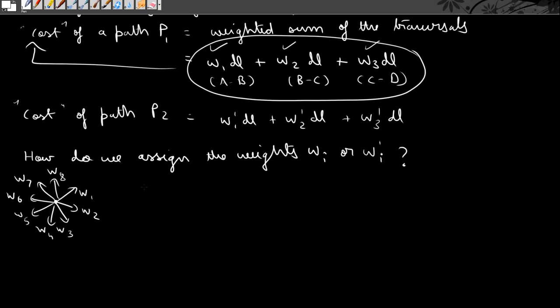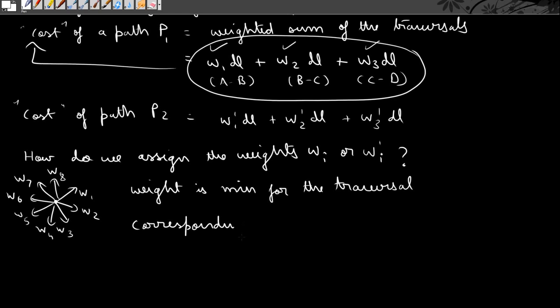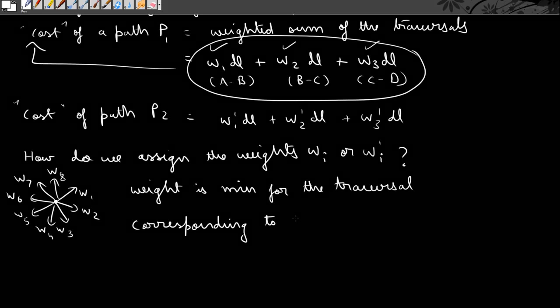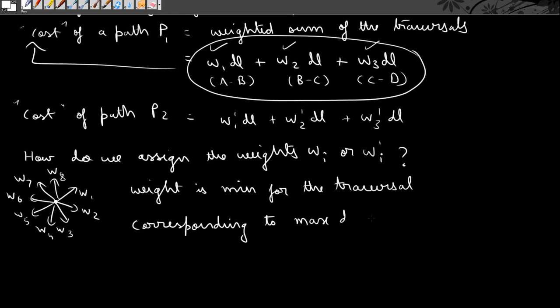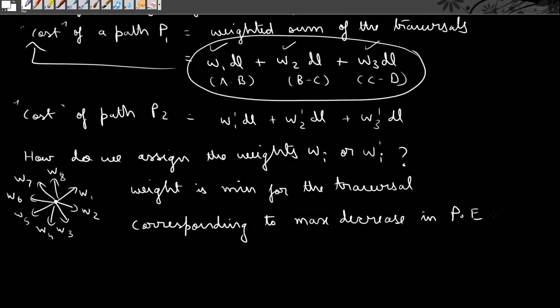And I am going to say that the weight is minimum for the traversal corresponding to the maximum decrease in potential energy, because this is how the ball decides in which direction it needs to go.